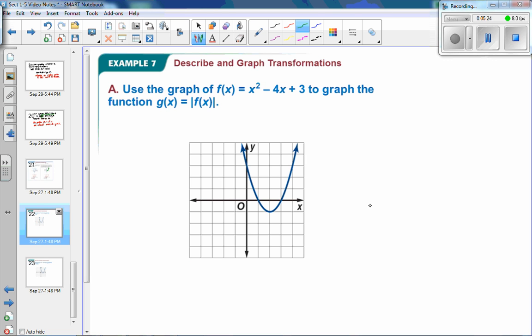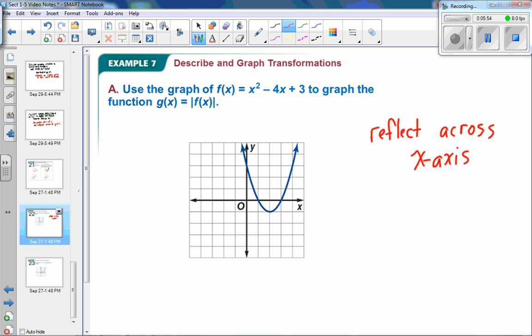So let's see if we can do this one now. Use the graph of f of x equals x squared minus 4x plus 3 to graph the function g of x equals absolute value of f of x. On this one, I'm taking the absolute value of the whole function. So you have to determine what kind of reflection we are expecting here. This is the one that's going to reflect across the x-axis.